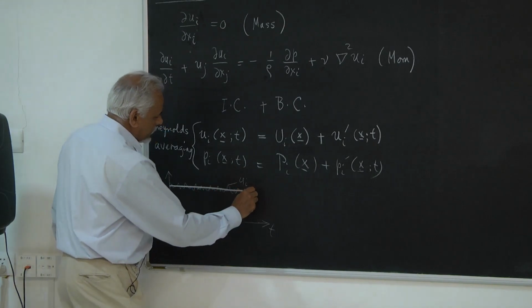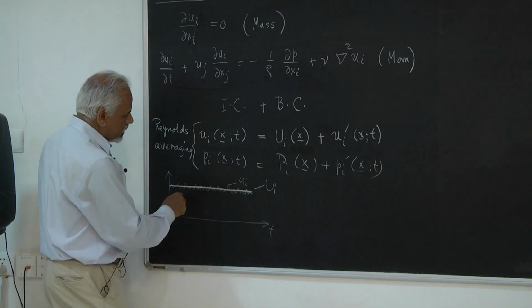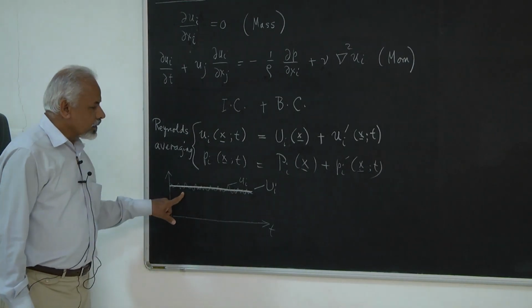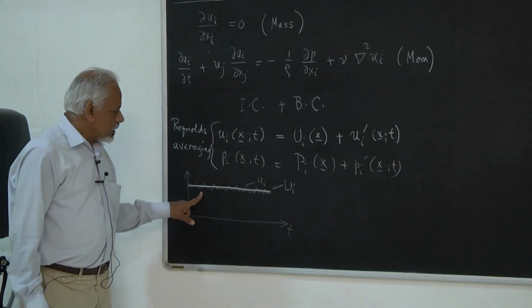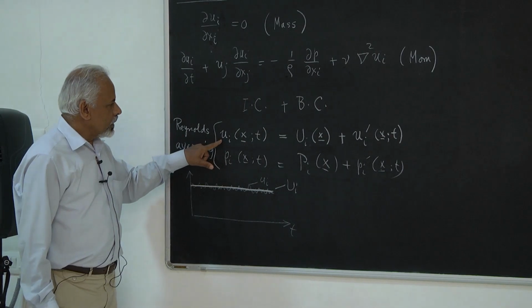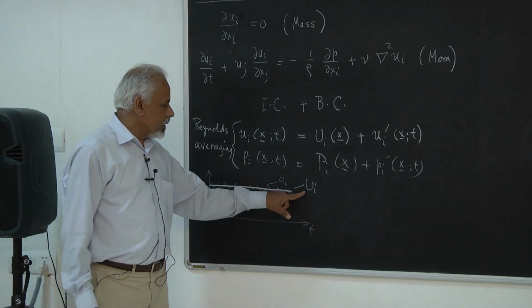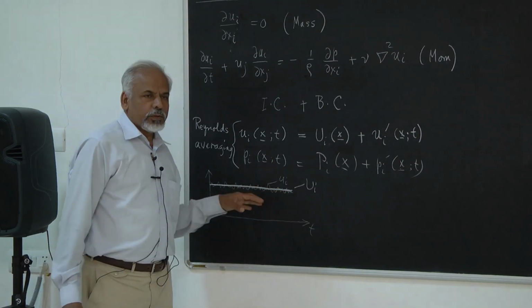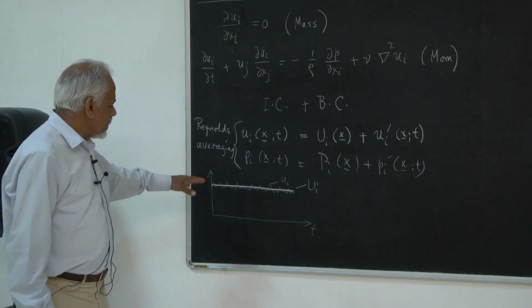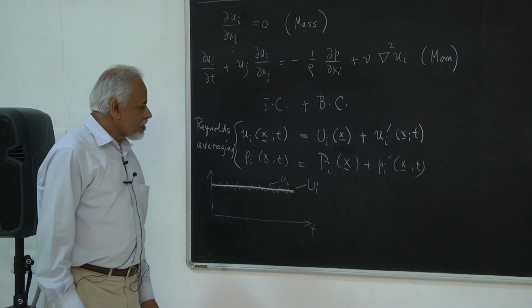This could be my capital Ui, and the fluctuation around it would be my ui prime. If I have a quantity like this, this kind of division into a mean and a fluctuation is extremely useful, because if I tell you a mean value, I tell you a lot about the function, right? I'm always telling you how much it is. It's pretty much mean plus a little fluctuation around it.